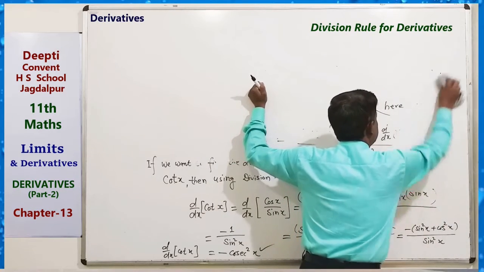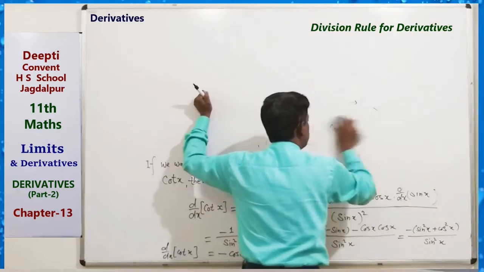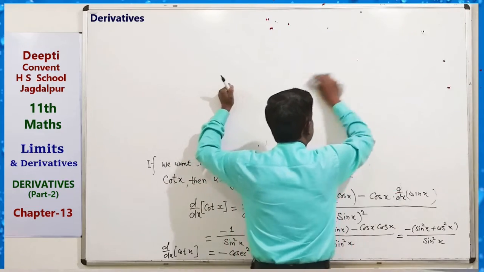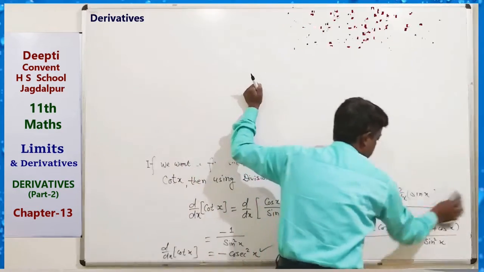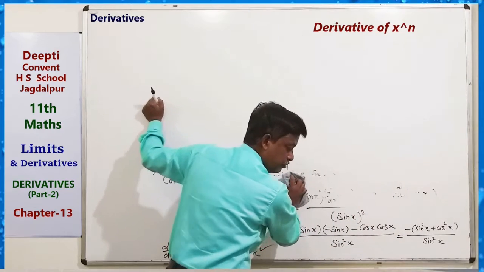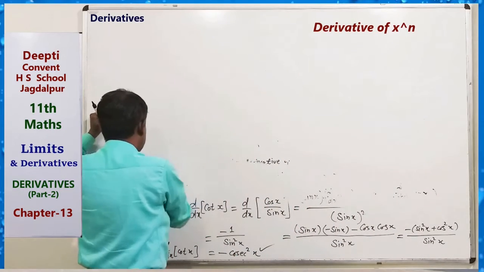Now the derivative of a polynomial function. At first we will find the derivative of x to the power n.